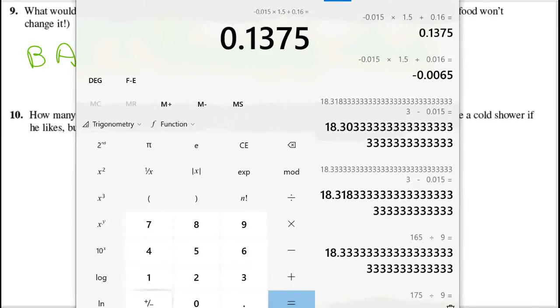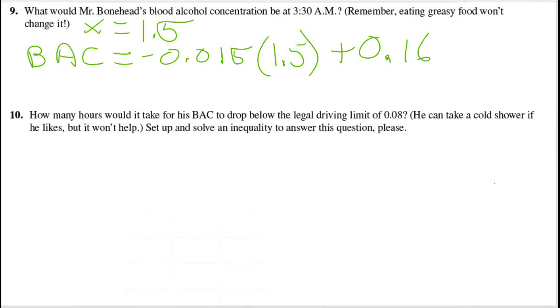I knew I was off because I knew my answer was going to be a lot less than that, since my slope is 0.015, I knew it would be a lot longer before I got to a negative value for my 0.16. I knew the y-intercept was a lot bigger than the slope. So at any rate, 0.1375.